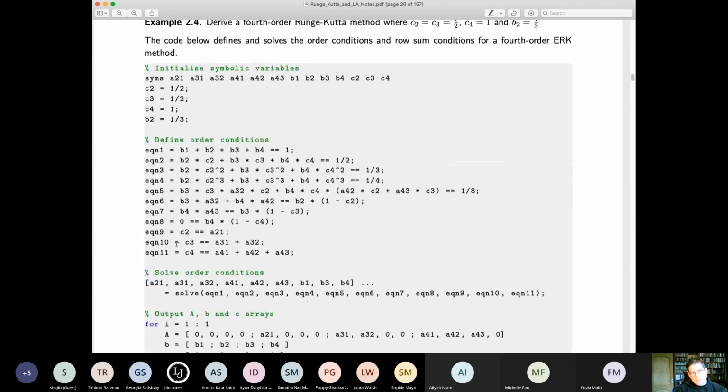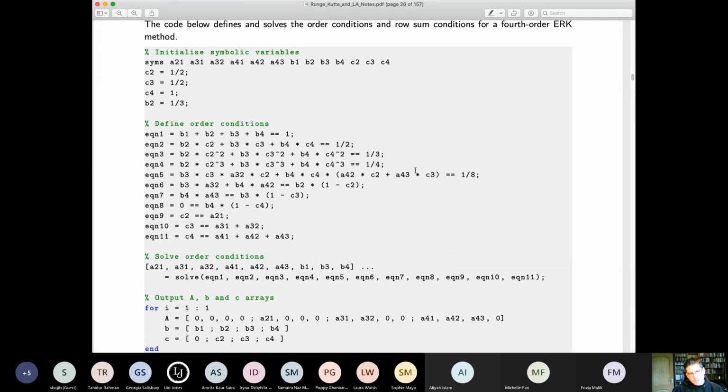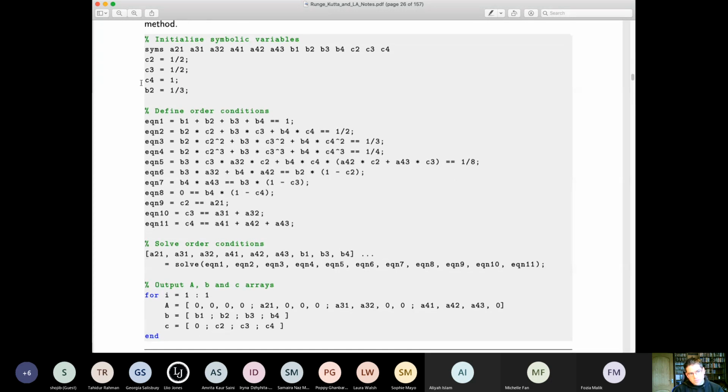Now, the one in the assignment has different given values. It uses the same 11 order conditions, but you don't need all of these. If you just copy and paste this code in and change the values up here, you've probably already found out by now that it doesn't give you a solution.